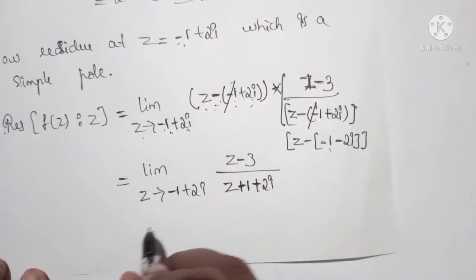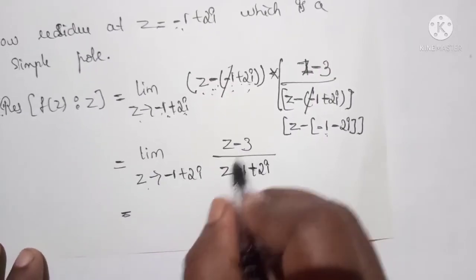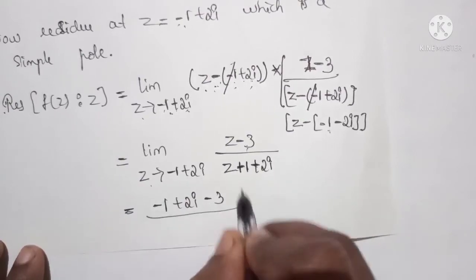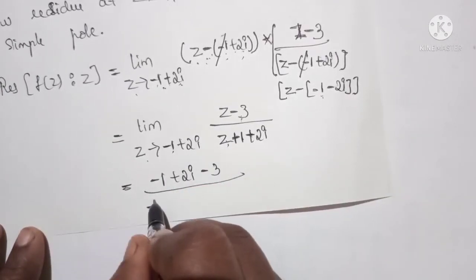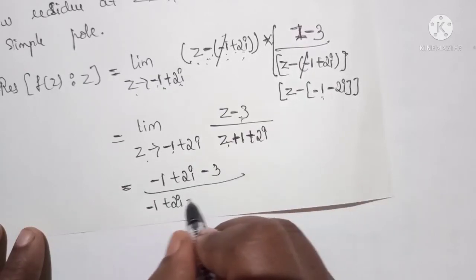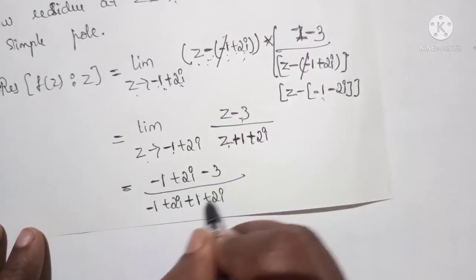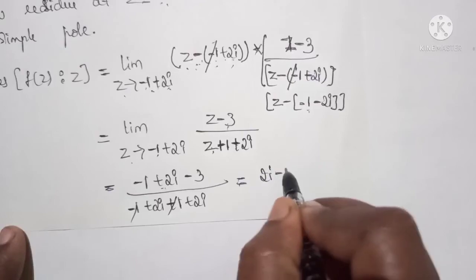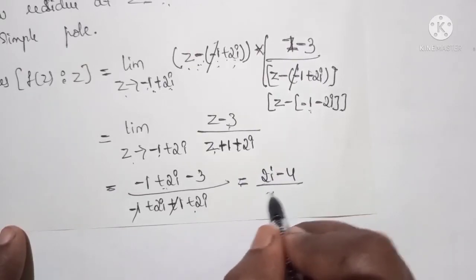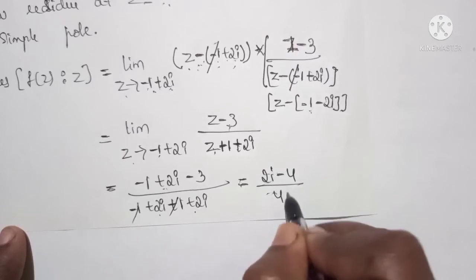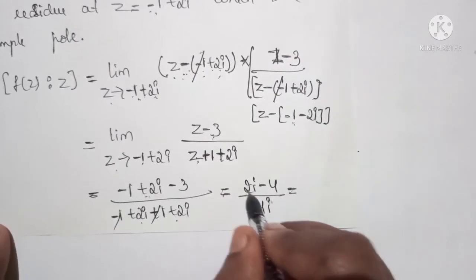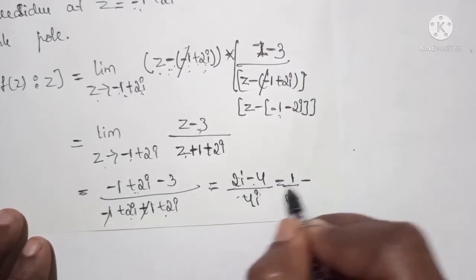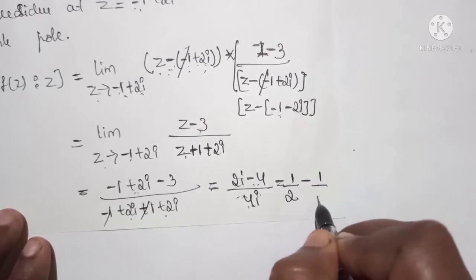Now substituting the limit, the z value is minus 1 plus 2i, so the numerator is minus 1 plus 2i minus 3, and the denominator is minus 1 plus 2i plus 1 plus 2i, where minus 1 and plus 1 cancel. So this can be written as (2i minus 4) divided by 4i. The 2 cancels, we get (i minus 2) divided by 2i, which gives 1 by 2 minus 1 by i.